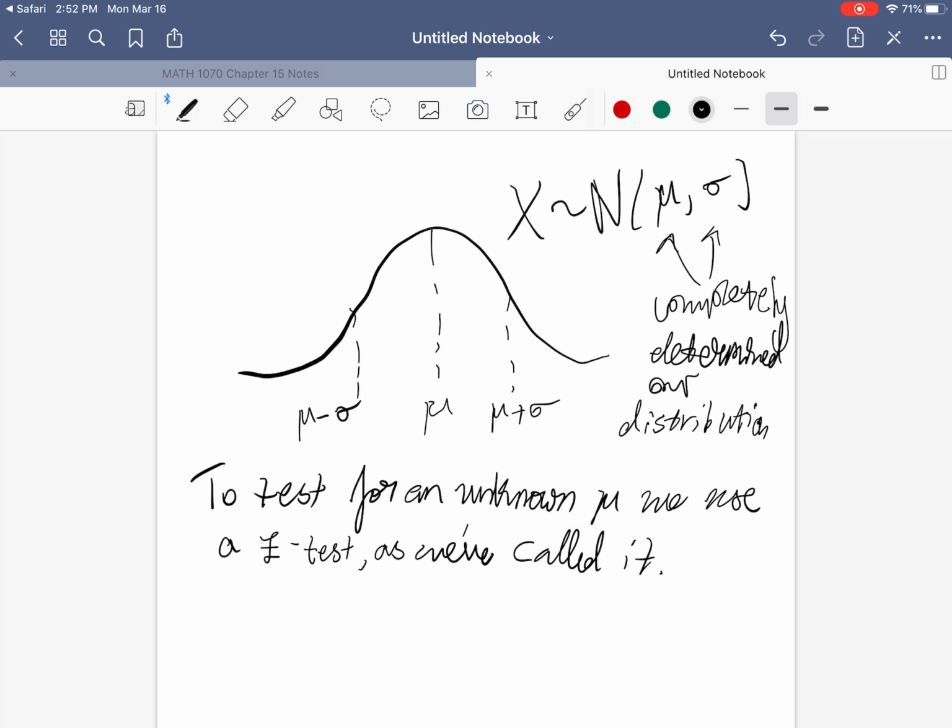If you recall, this z-test has the test statistic x bar minus mu naught over sigma over root n, and this mu naught was our null hypothesis.